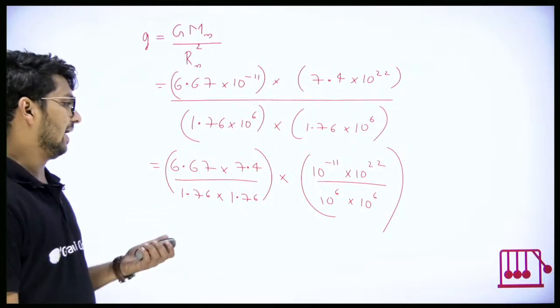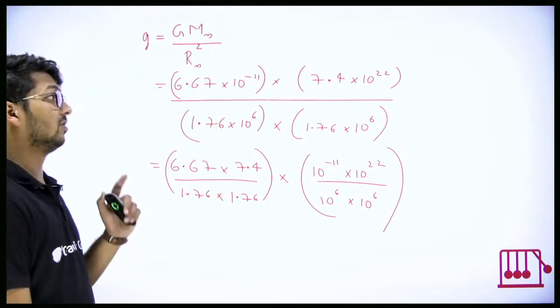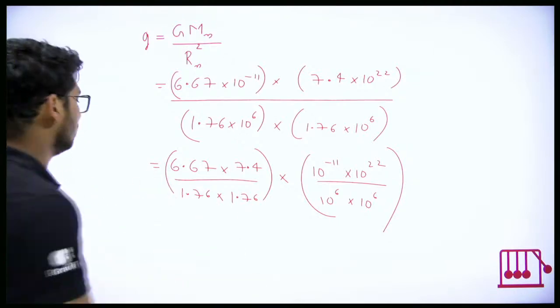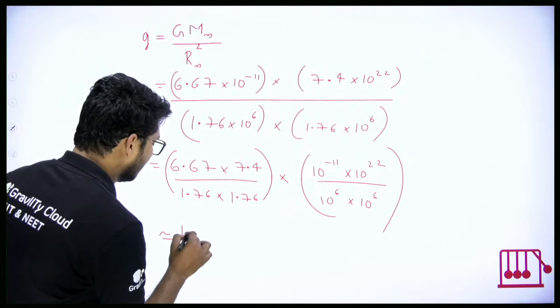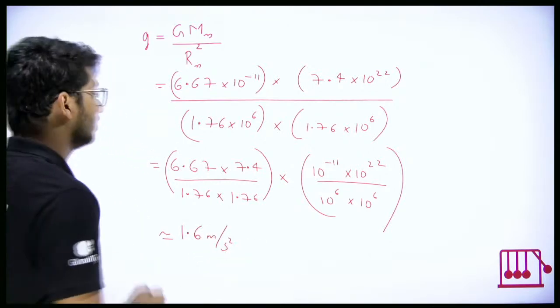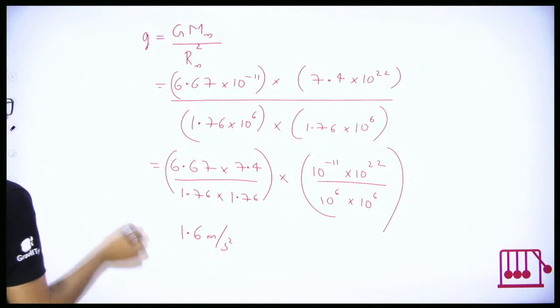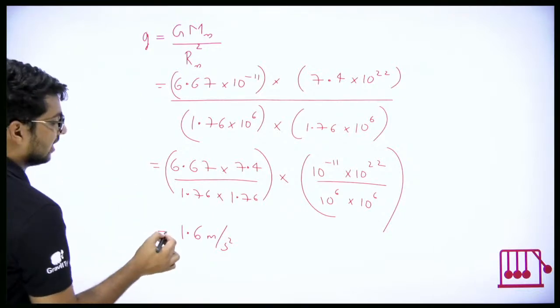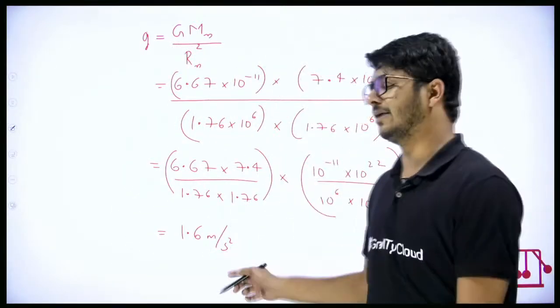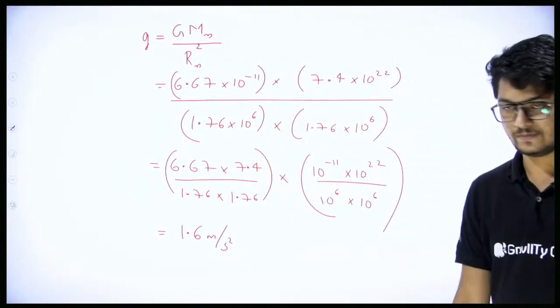I have shown the calculation for acceleration due to gravity on Earth. This I will leave to you, and if you solve it, you'll get the value as almost 1.6 meter per second square. So the acceleration due to gravity on moon is 1.6 meter per second square.